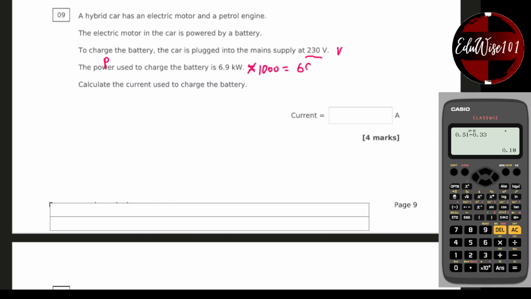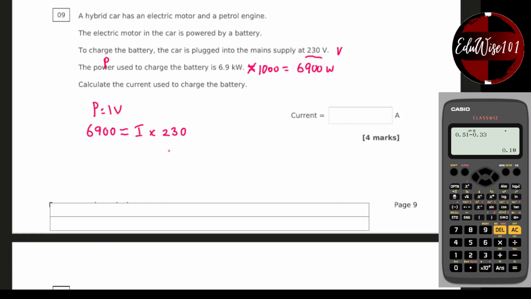So that's 6,900 watts. So the equation P equals IV. Power equals the current multiplied by 230.